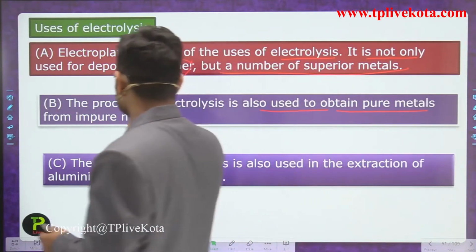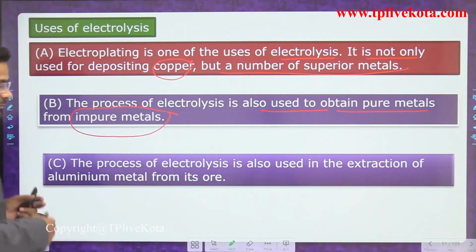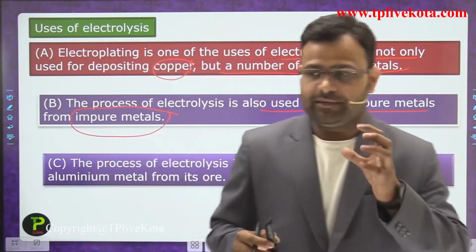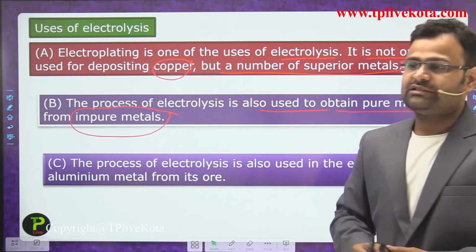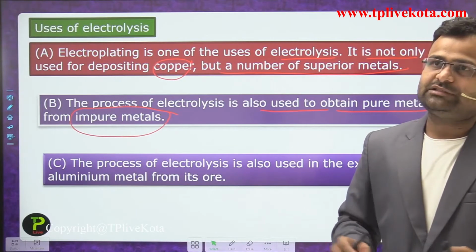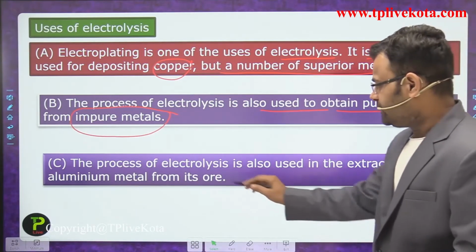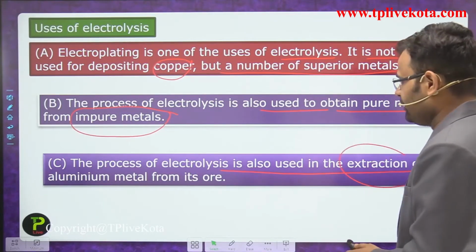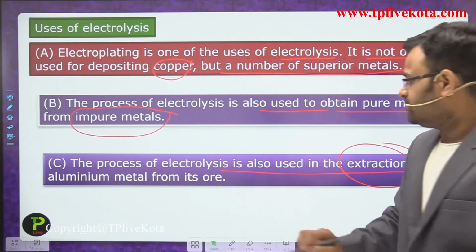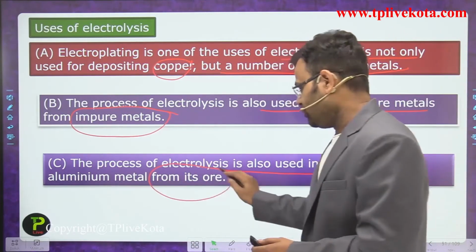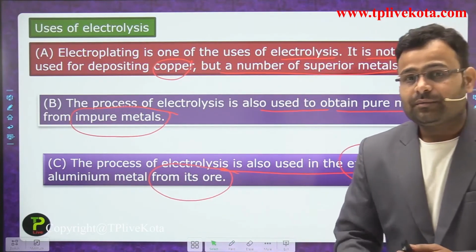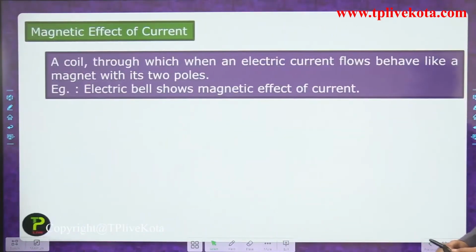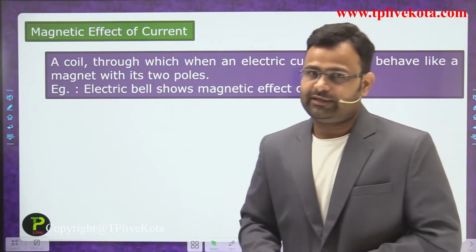If you have a mixture of metals and you want pure metal, electrolysis is used. The process of electrolysis is also used in the extraction of aluminum metal from its ore, which comes from the earth.